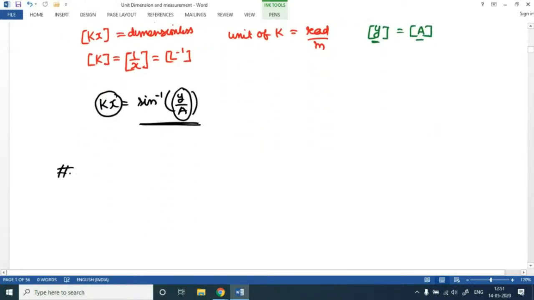Okay, and another thing let me discuss over here is dimension in case of exponential and logarithmic functions.